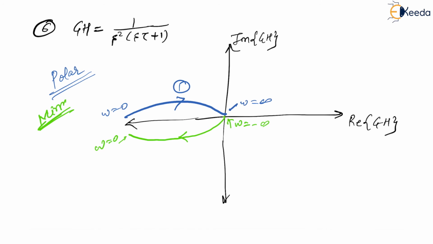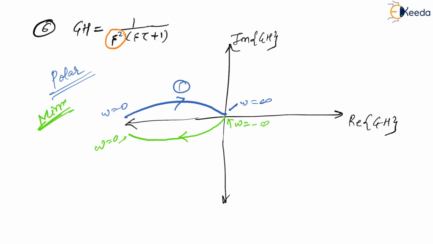Is that correct? Yes. Now, if you think of step 3, step 3 is what? If you observe here, you have got 2 poles at origin, which means I need to have 2 semicircles. Right? Yes, I need to have 2 semicircles. So let me have 2 semicircles.